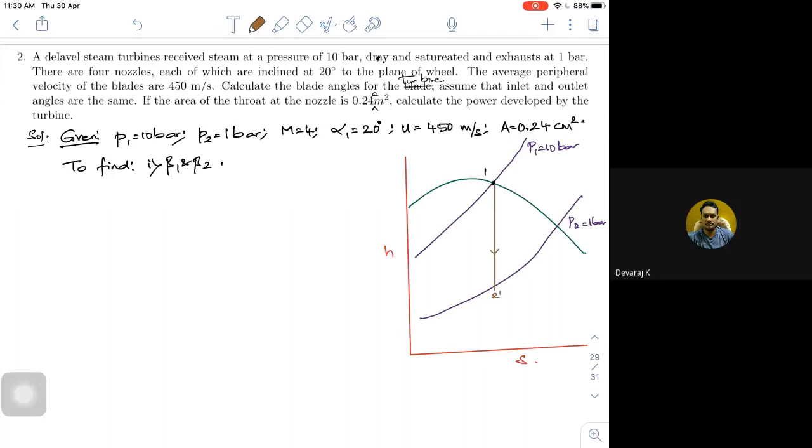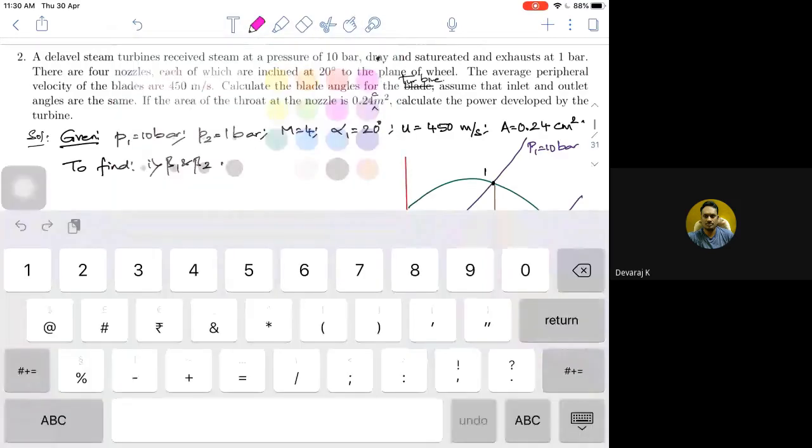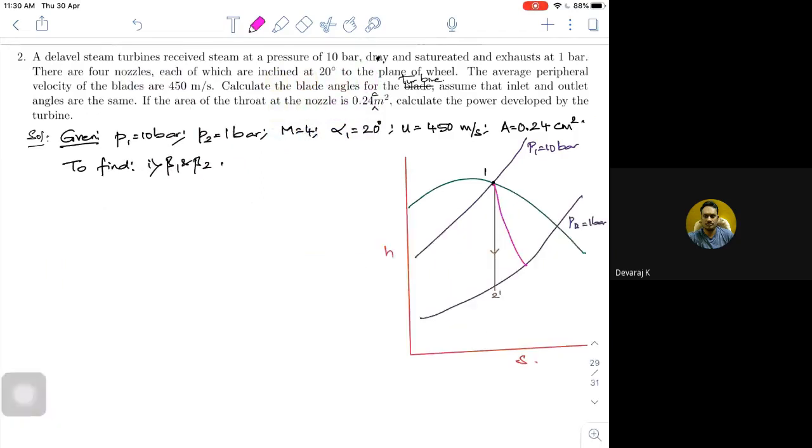If the expansion is actual, then I will follow this path and get point 2. They have not given anything, so we have to make an assumption. So the expansion takes place ideally.